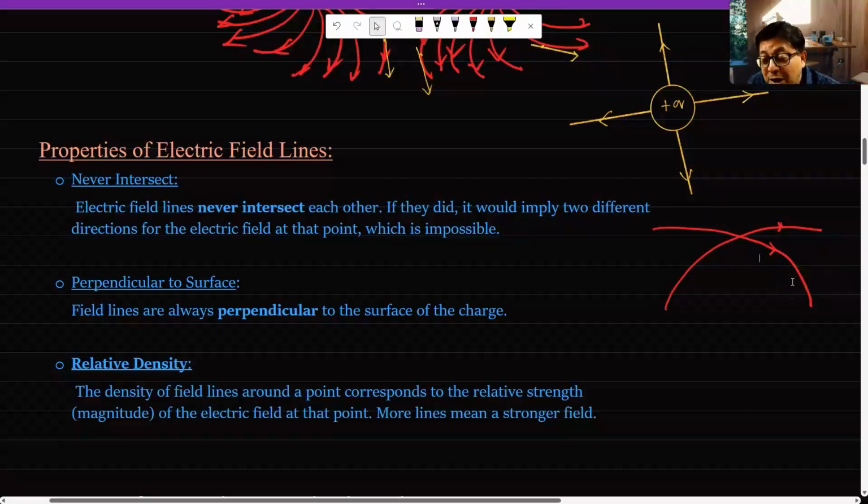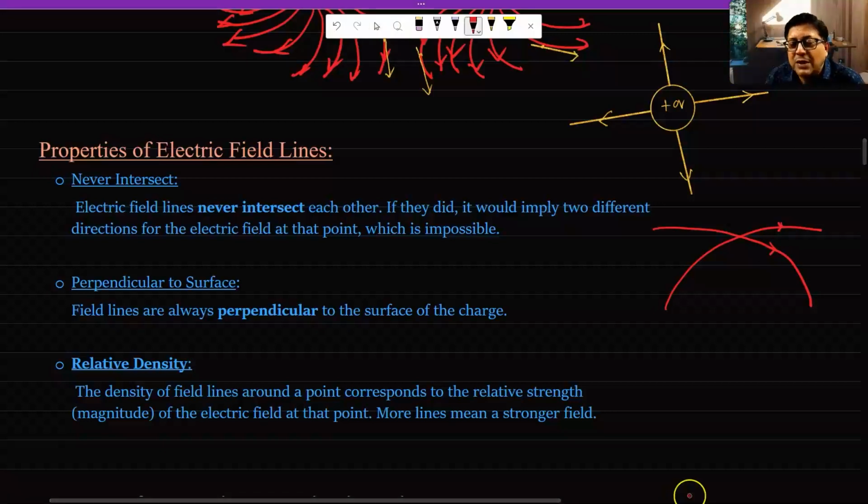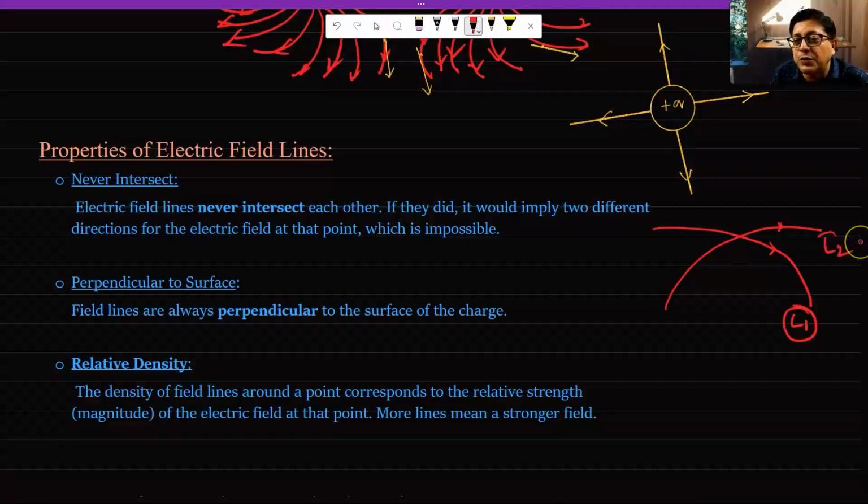Maybe a unit positive charge, maybe a vanishingly small test charge, whatever. A positive charge will move. And this is one field line L1, this is the other field line L2. They intersect at this point. So what is going to happen according to the definition, according to our observation: in the first line, the electric field strength is in the tangential direction. So the electric field here is directed tangentially. Here the electric field is directed tangentially.